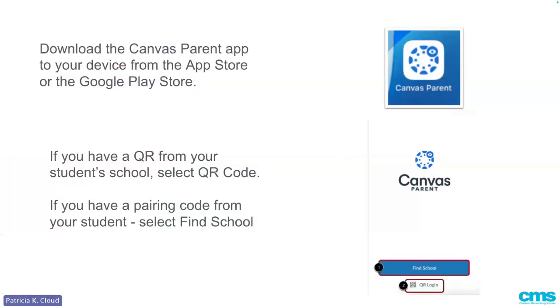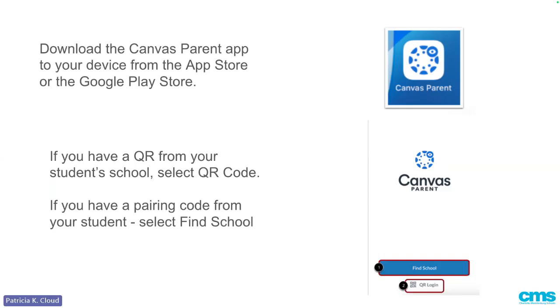The first thing that you're going to do is download the Canvas Parent app. It's blue. If you see Canvas apps on the App Store or the Google Play Store and you see gold or red, those are not the ones you want. You want the blue one.